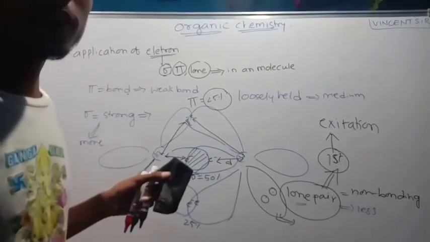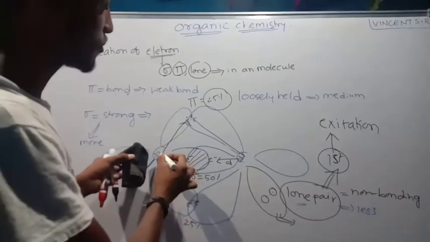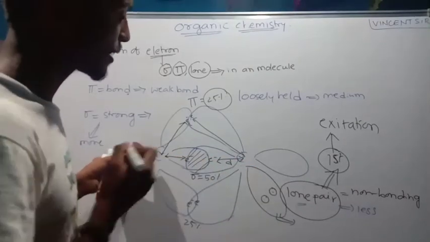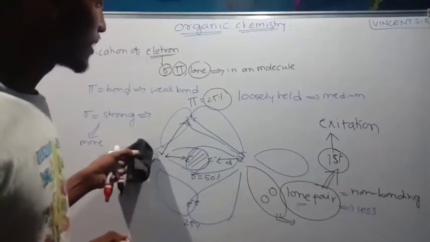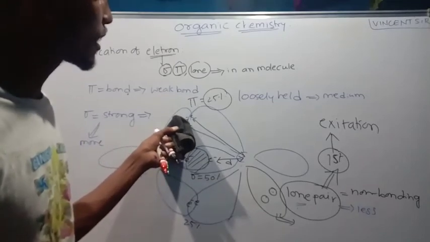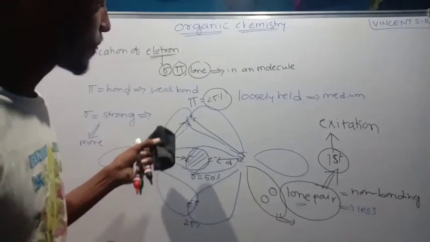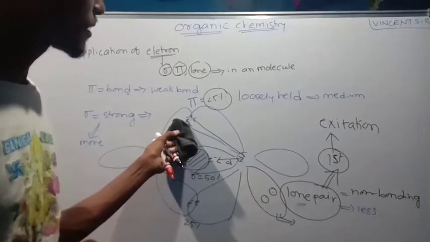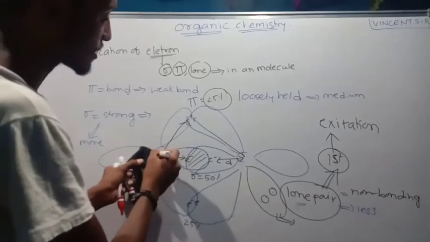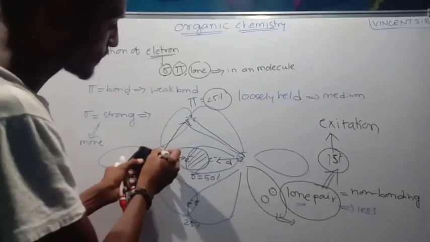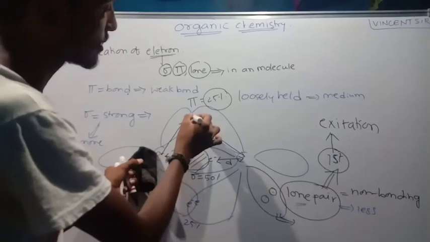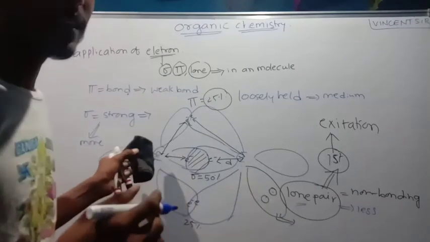According to quantum mechanics, there is a maximum overlapping of the sigma bonding orbitals, and there is less overlapping of the pi bonding orbitals. Due to this less overlapping, the interaction of the protons of this element with this electron is less.